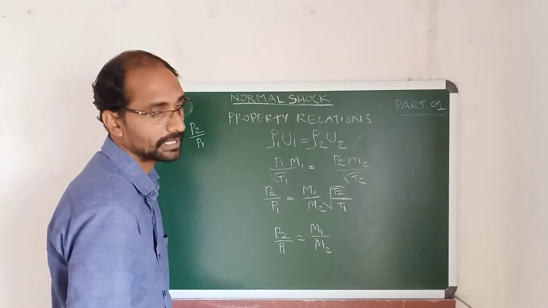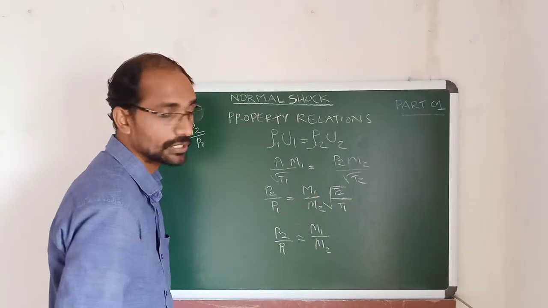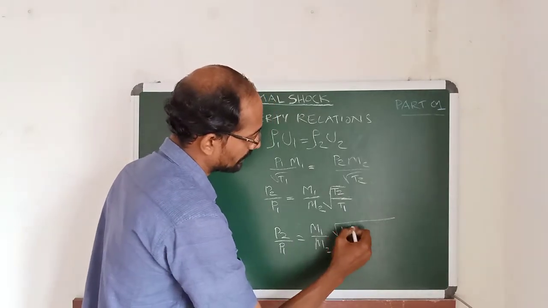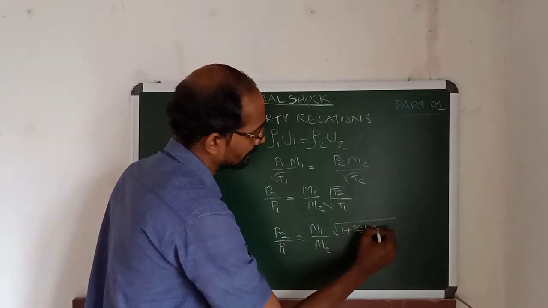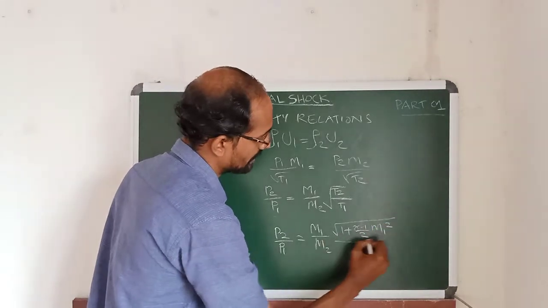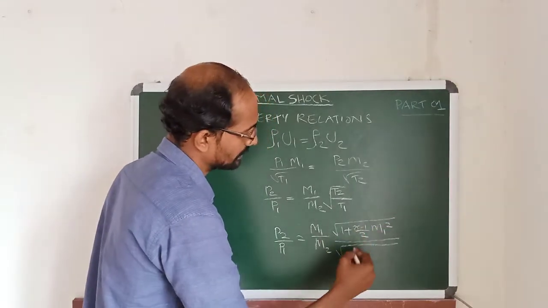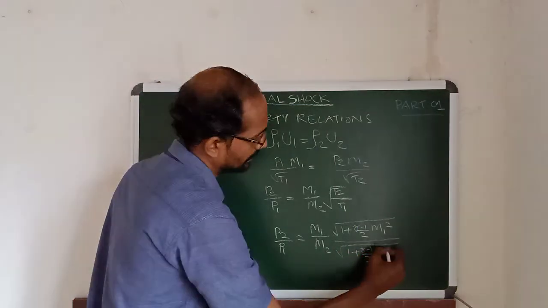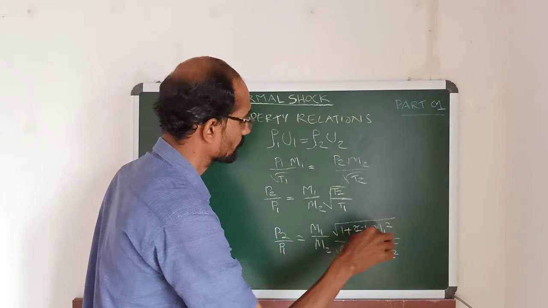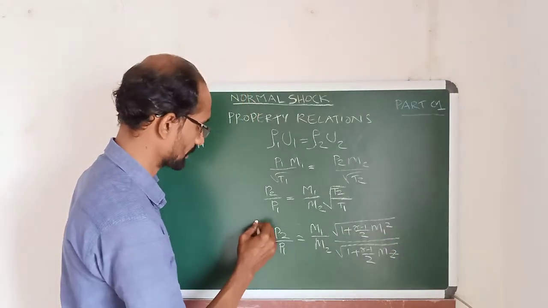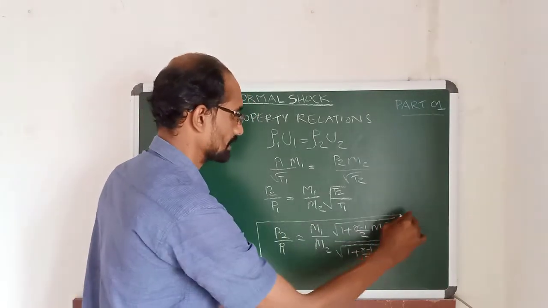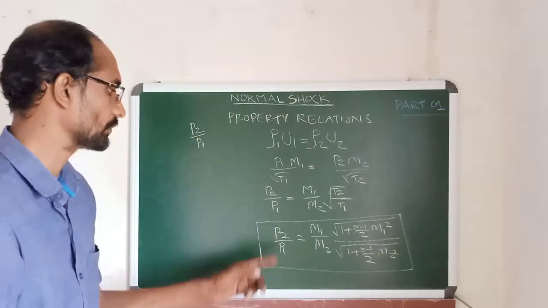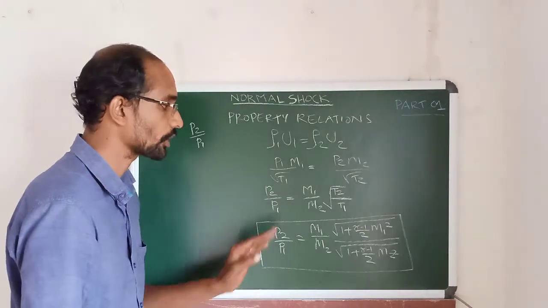We have already derived the expression for T2 by T1, so we will simply substitute that. This is the root of 1 plus gamma minus 1 by 2 into M1 square divided by 1 plus gamma minus 1 by 2 into M2 square. So this is the expression for the pressure ratio across the normal shock wave.